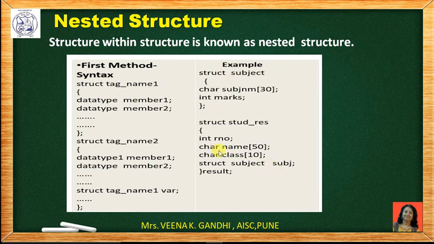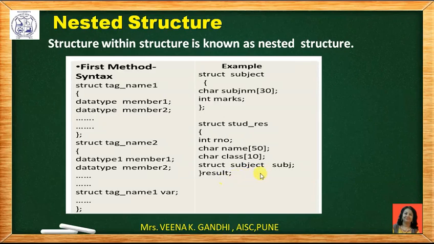So struct subject subj is a variable, and after that we create the variable result of the outer structure. So struct subject is the inner structure and stud res is the outer structure. So the outer structure contains a variable of the inner structure.